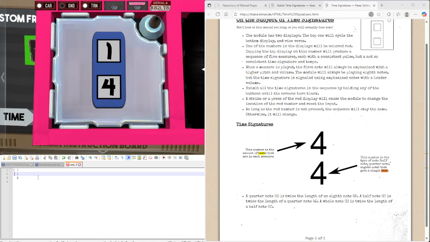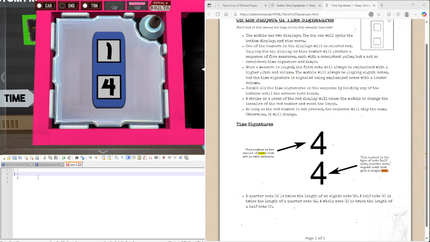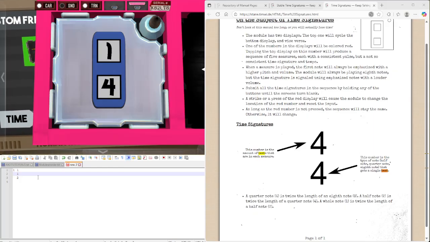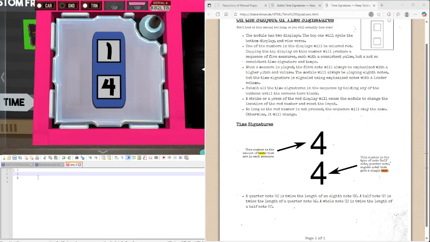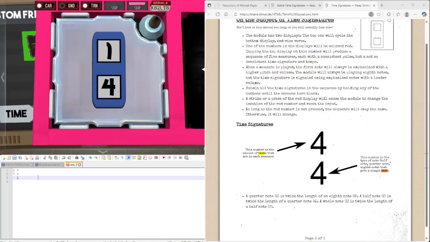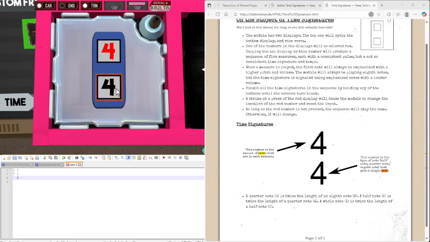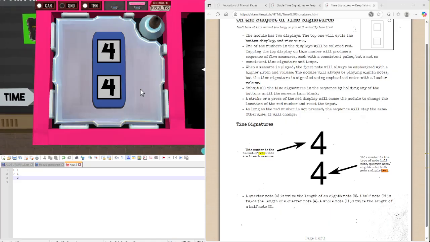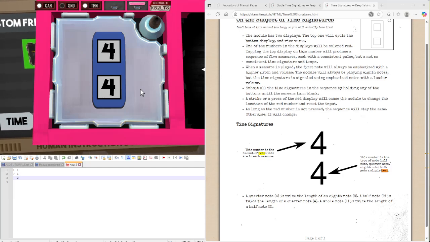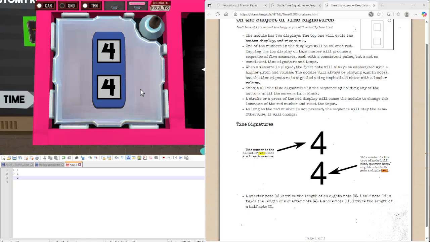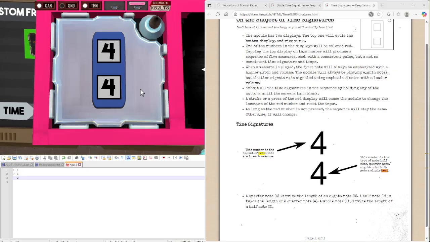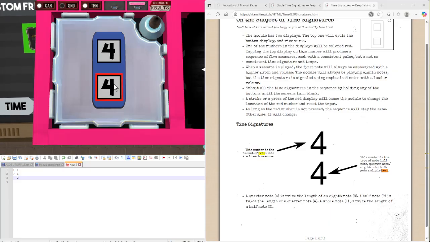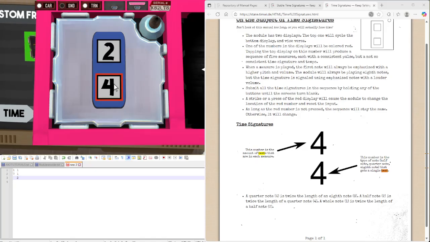Okay. Seven, I think. Give that last one again.